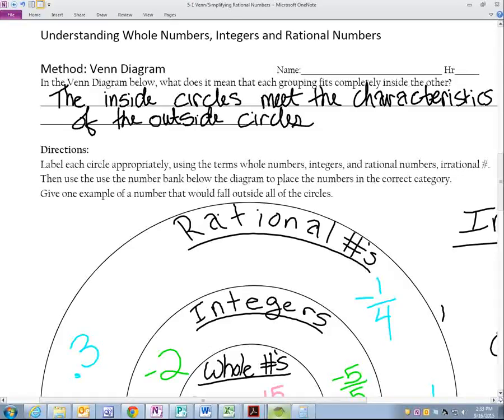So that means that whole numbers are rational numbers. Whole numbers are integers. But integers are not necessarily whole numbers. It's in there, but not every one.